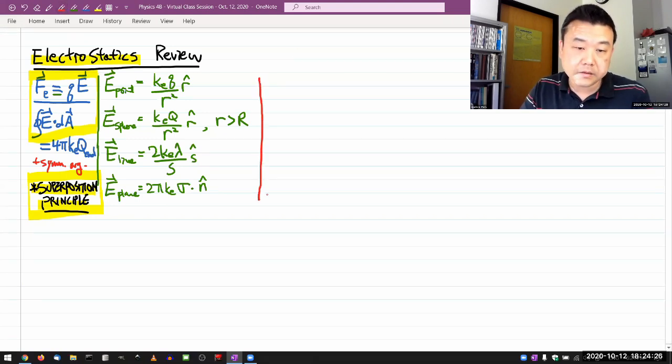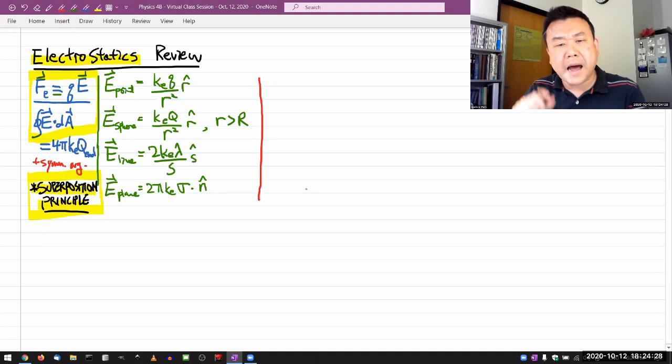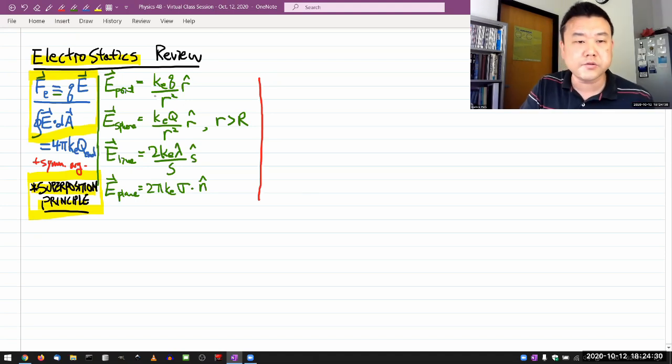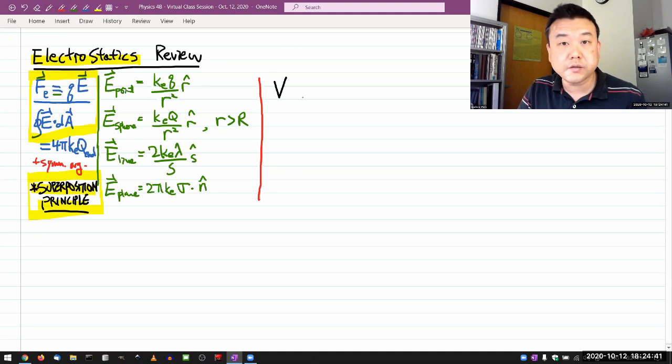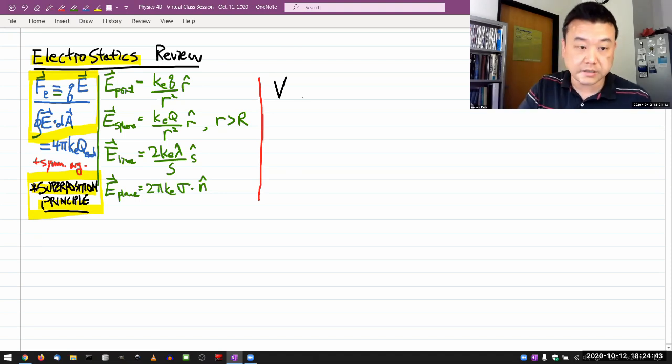And there are multiple entry points for electric potential. You can introduce the idea of electric potential through its association with electric potential energy, and this is the relationship that would relate them together.